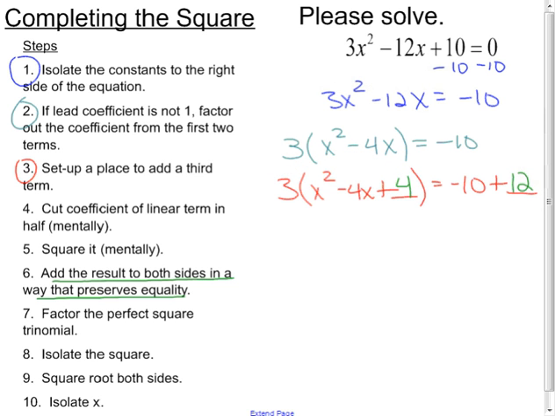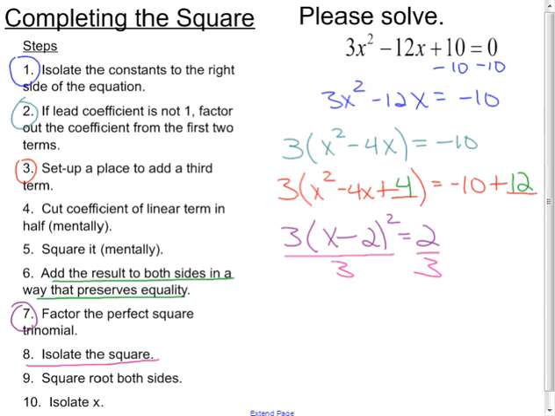Okay? So now I'm going to factor the perfect square trinomial. That's going to be 3 times x minus 2 squared is equal to 12 minus 10, which is 2. And now it says to isolate the square. Well, my square is this right here, so I'm going to need to undo the multiplication by 3.